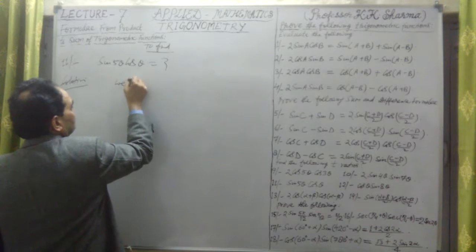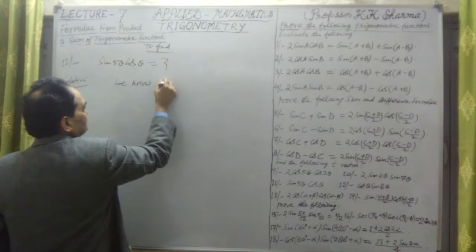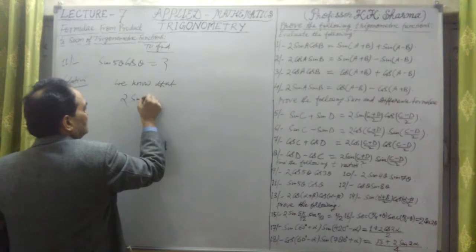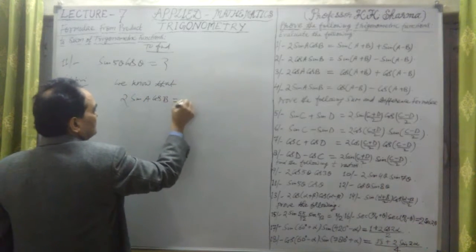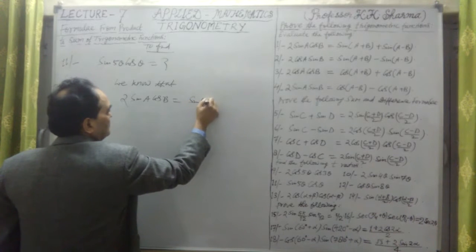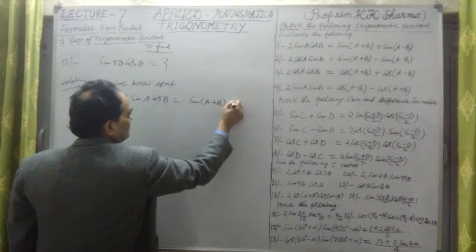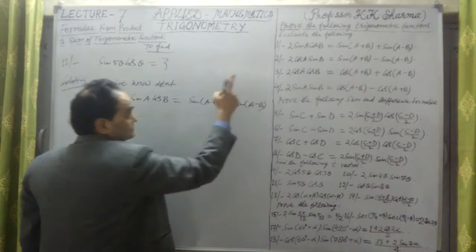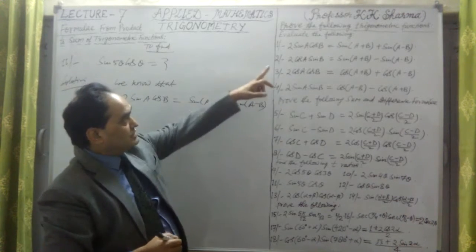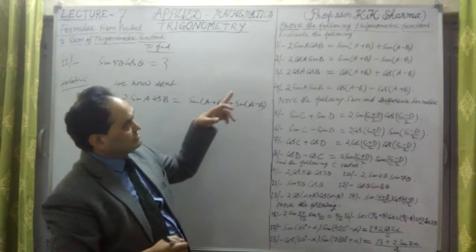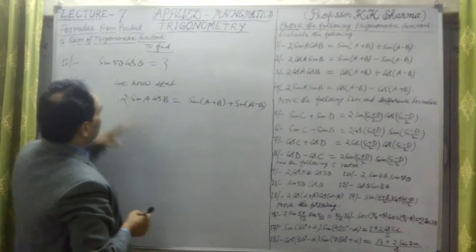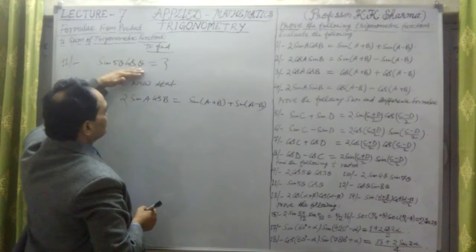So we know that 2 sin A cos B is equal to sin A plus B plus sin A minus B. This is the very first formula, which we have applied here because of 5 theta and cos theta.